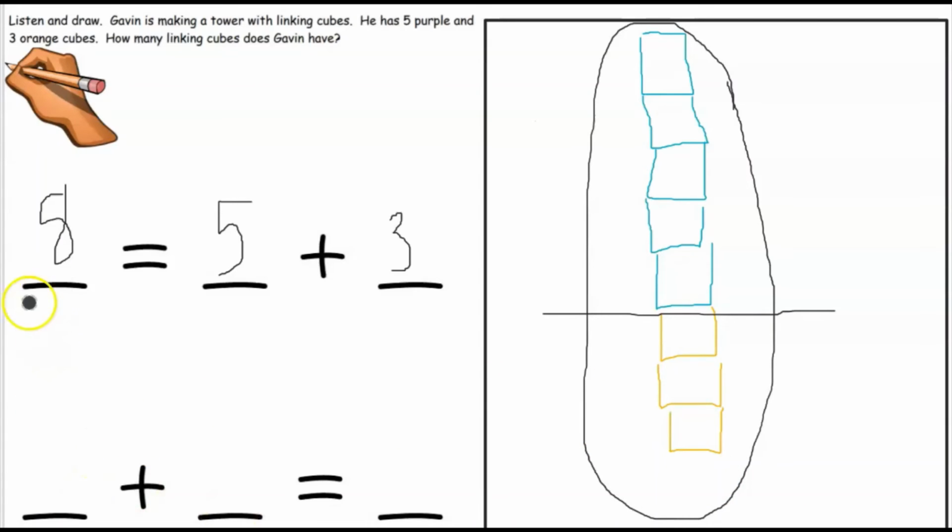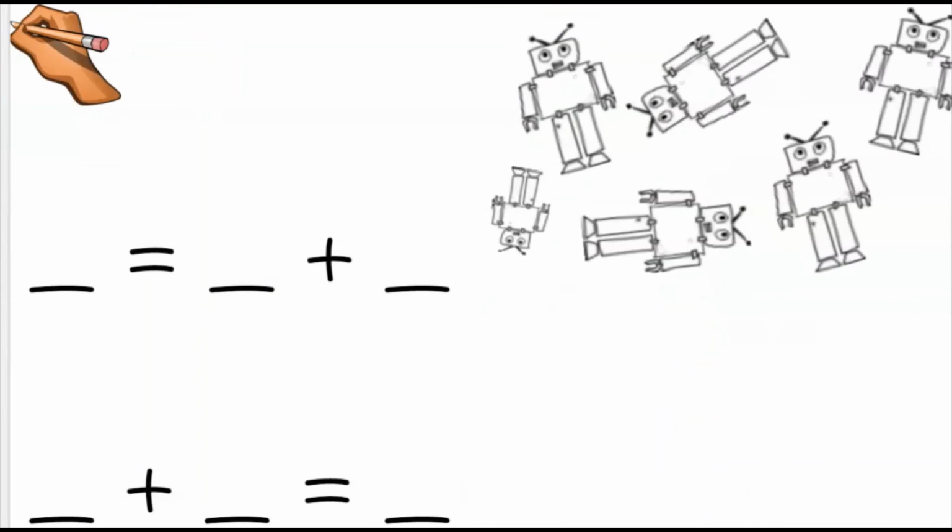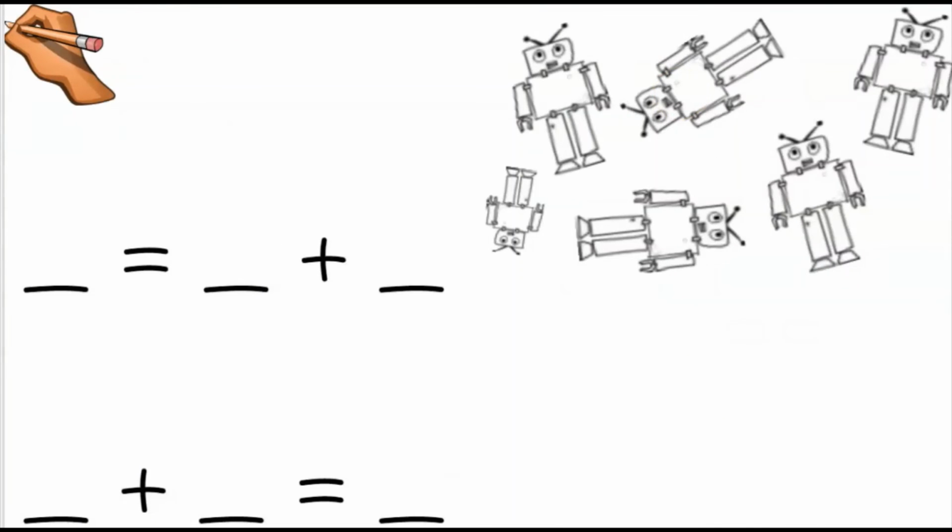Is the unknown going to be the same as what we just found? Well, let's see. Our parts are 5 plus 3 equals, altogether, 8. It's the same. We just flopped the number sentence to decompose and compose to find the unknown by putting our parts together. Let's try this one.